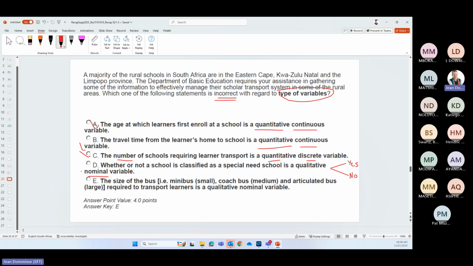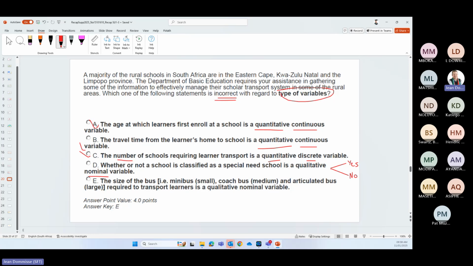Here it just says, is the school classified as a special needs school? Yes or no. So there's no ranking in it or anything. So it is just a qualitative nominal.